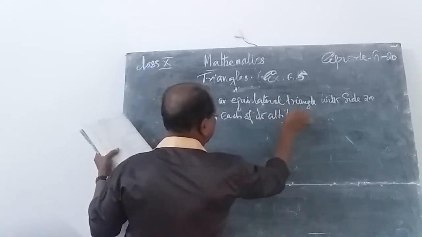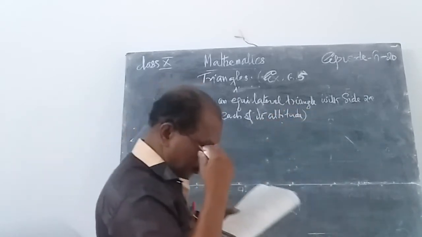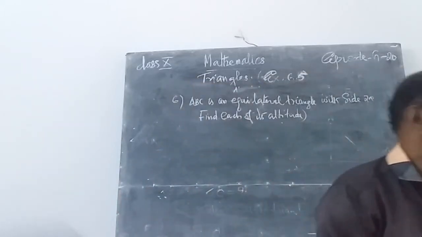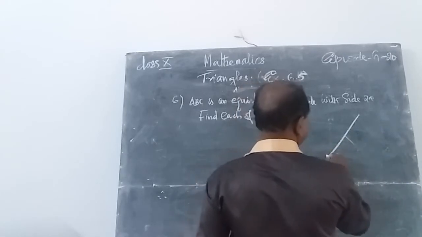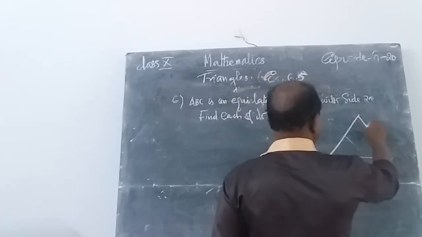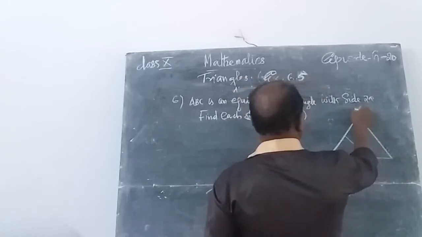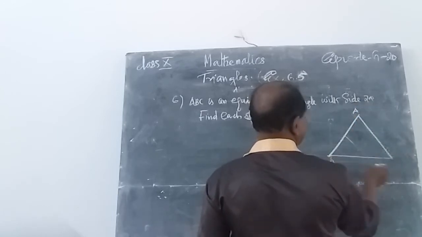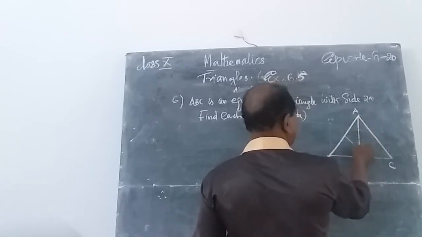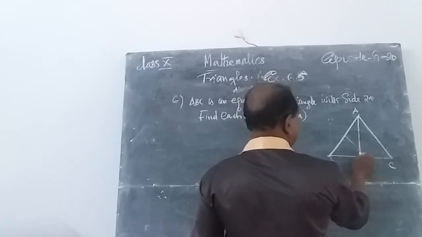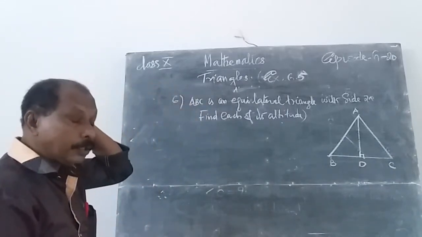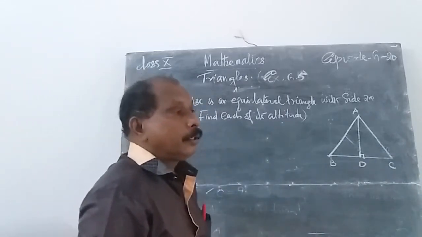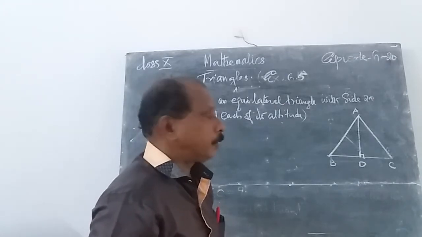That means all altitudes are equal in length because it is an equilateral triangle. A, B, C and D, that is the altitude. Altitude is also the median and it bisects the opposite side.